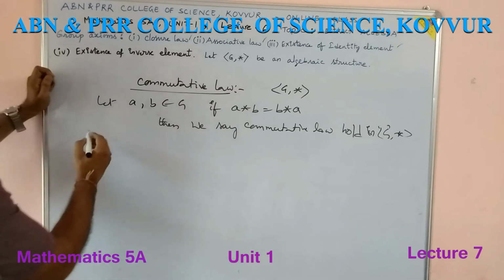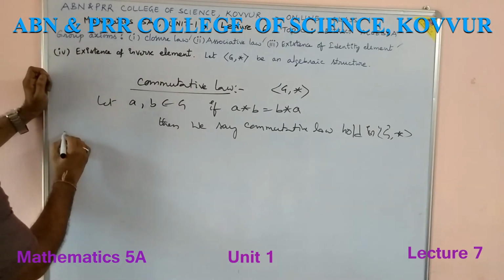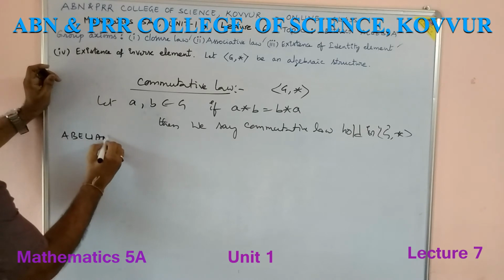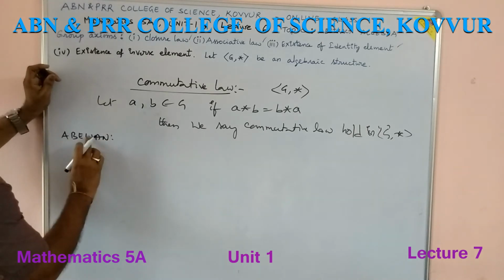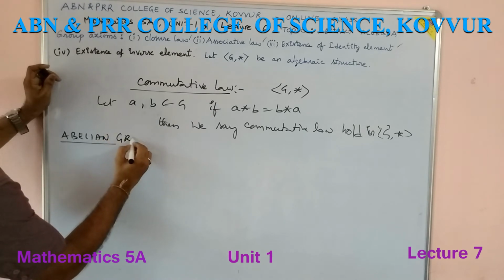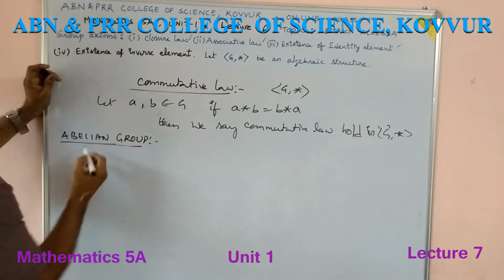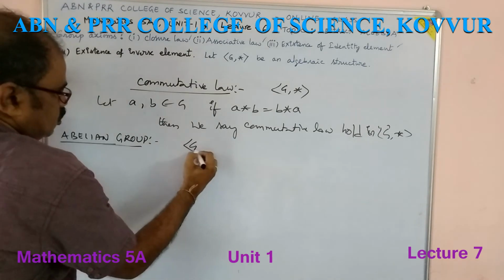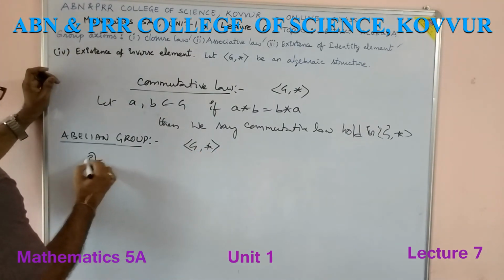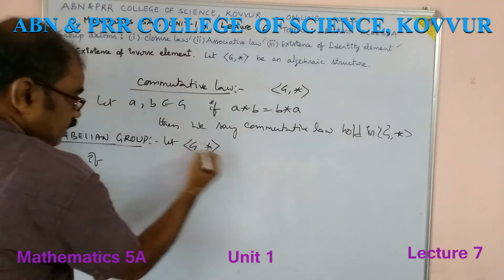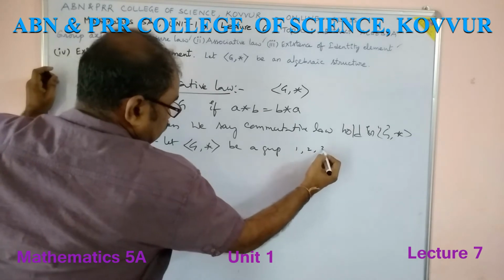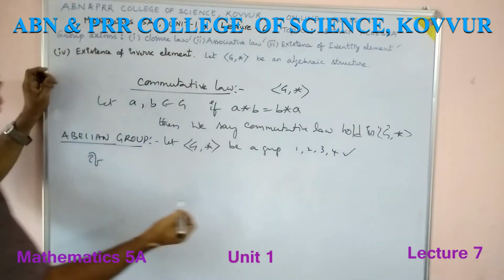Let us take that example, abelian group. Let G star be an algebraic structure. If G star is a group, so the 4 axioms are already satisfied.